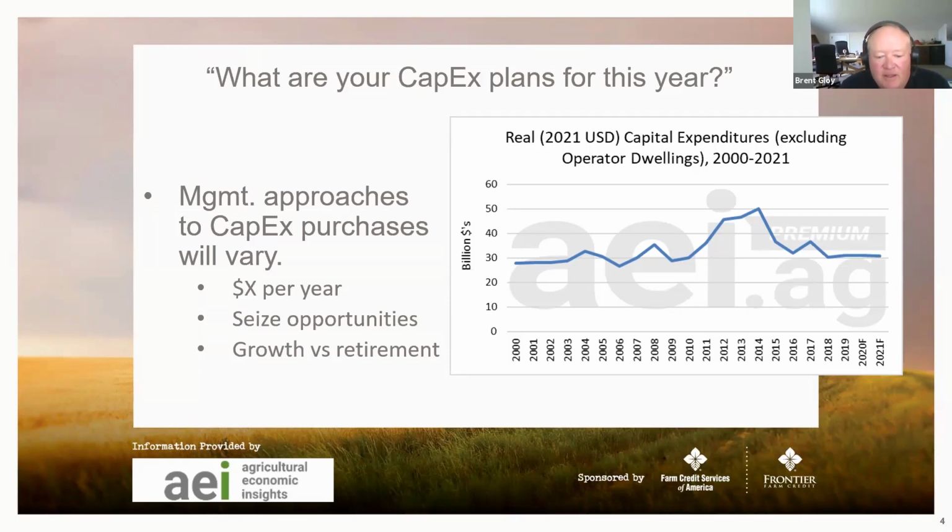There's pros and cons to that. The other approach is a little more opportunistic: when there are good opportunities, we try and seize them. Again, that's another reasonable approach, but we want to make sure we're evaluating those opportunities and prioritizing the things that are really going to give us the biggest bang for our buck in the long term.